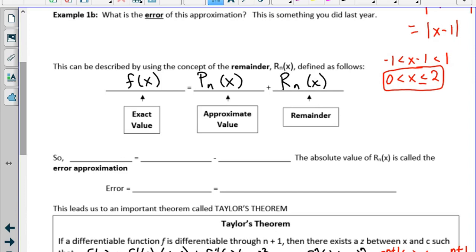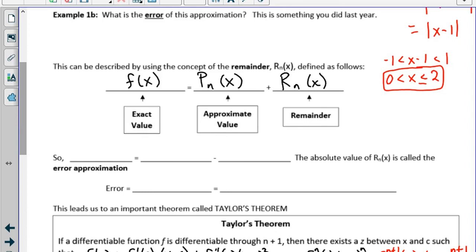So the exact value of the function, in this case natural log of x, is equal to the Taylor polynomial that represents the natural log of x, plus whatever it's off by, the remainder, because we have some sort of remainder that will converge to the natural log of x as we move along.